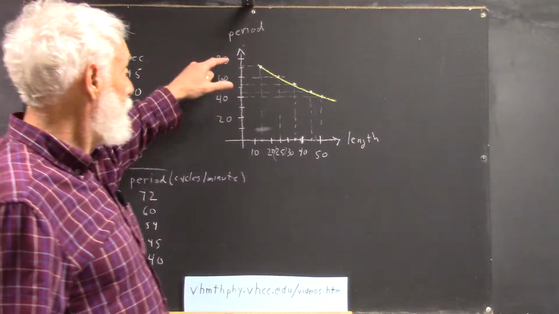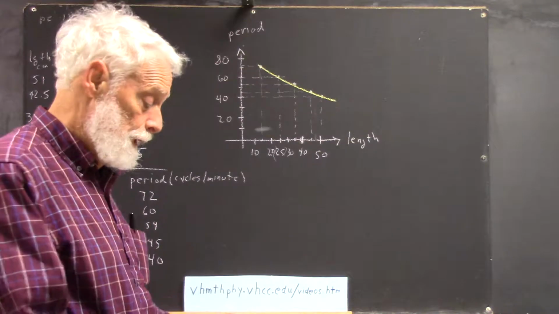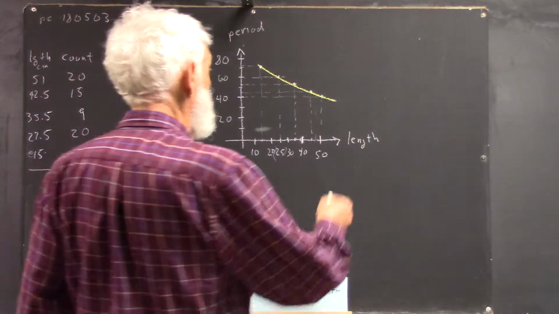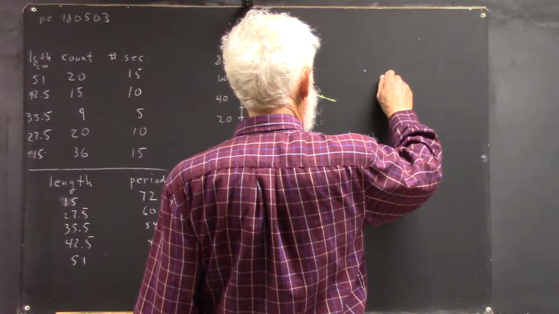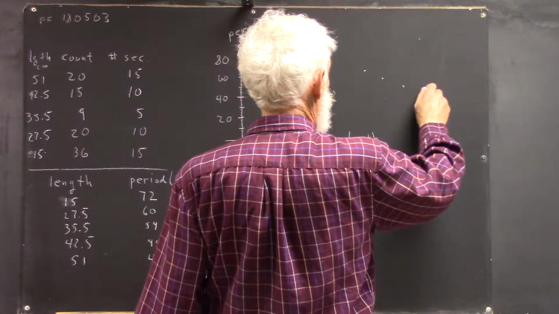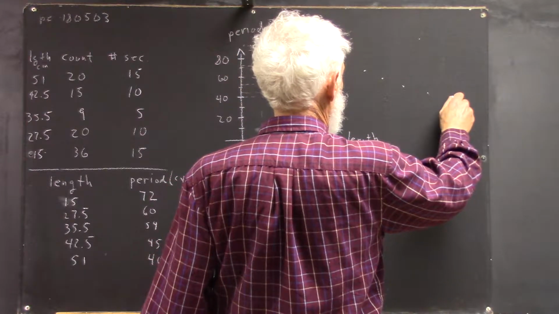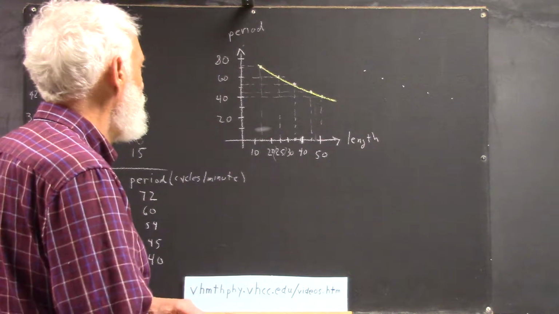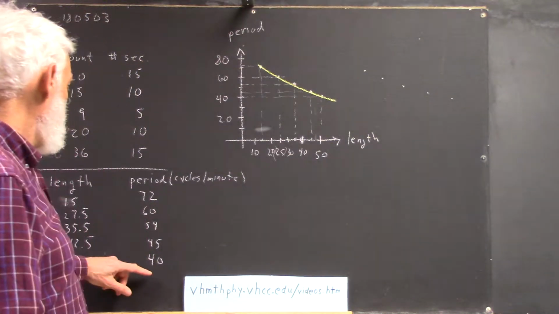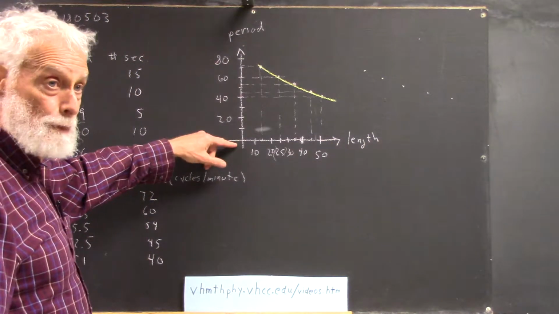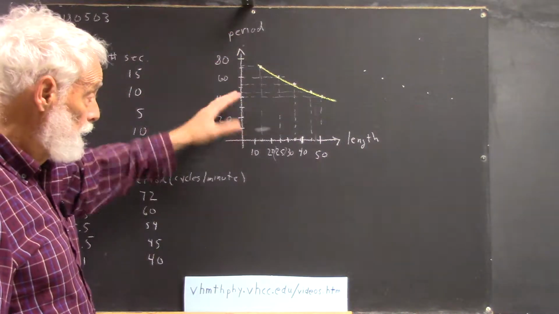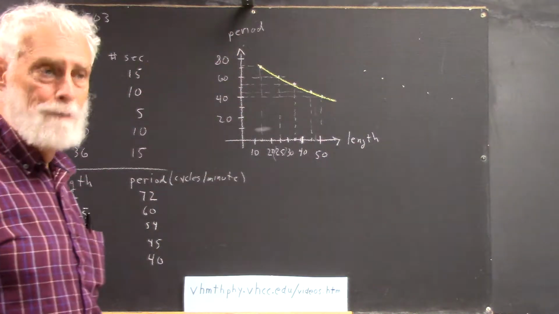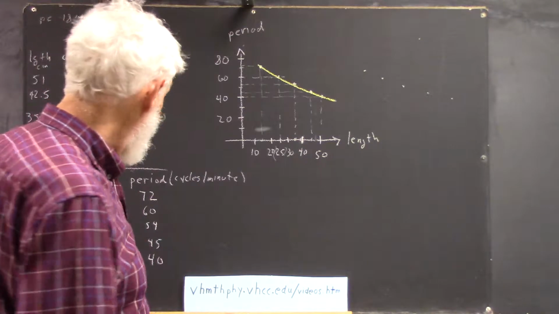Now, just to speak of uncertainty, if you graph this very carefully, maybe with a scale where you only go from 40 to 80 here, so you put the 40 down here, the 80 up here, and you don't worry about the fact that you don't have the origin, okay?